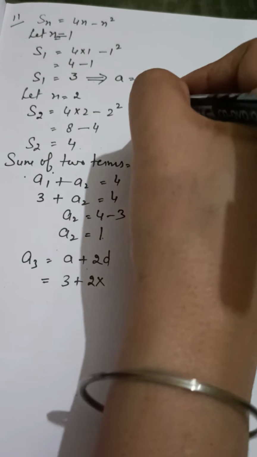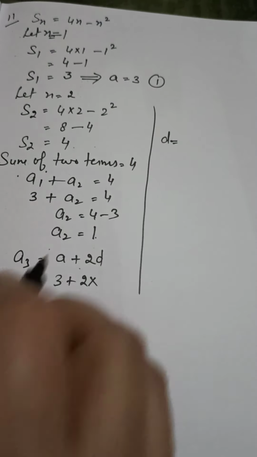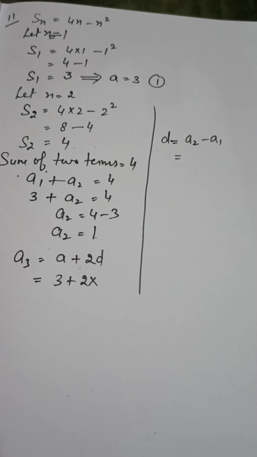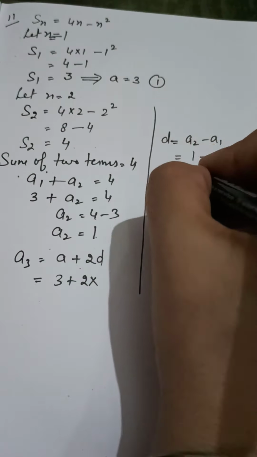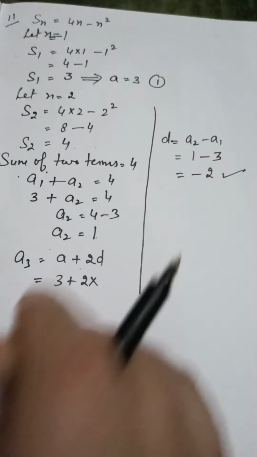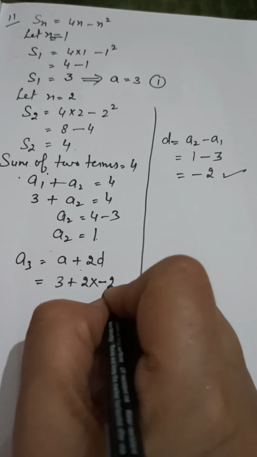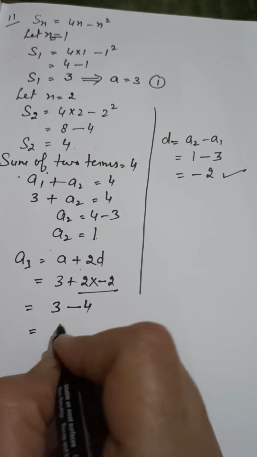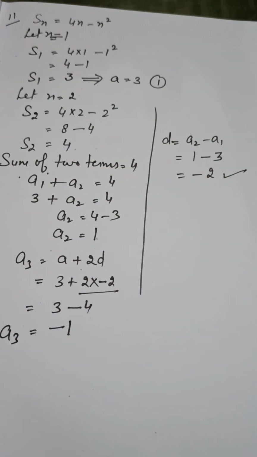How to find d? d is equal to A2 minus A1. A2 is 1 minus A1 which is 3. Then d becomes minus 2. So put the value here, minus 2 instead of d. So 3 minus 4. A3, what is A3? 3 minus 4, that is minus 1.